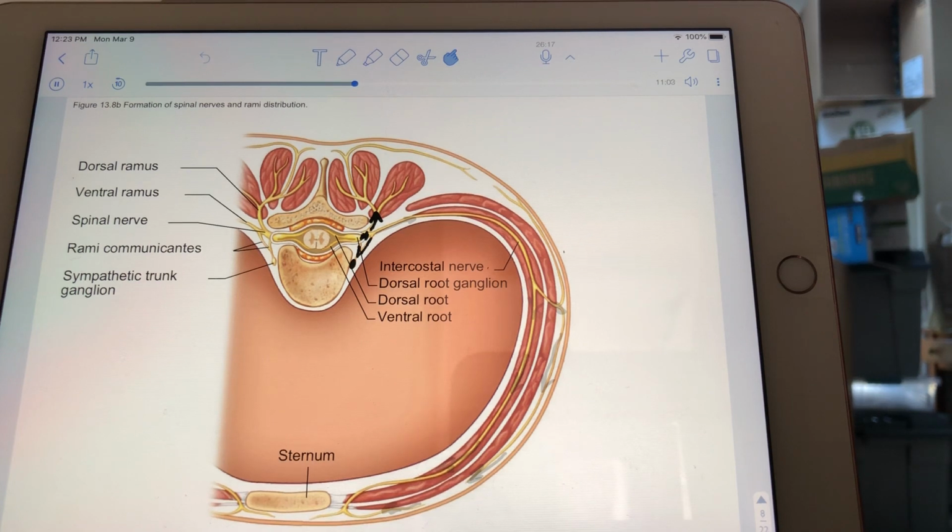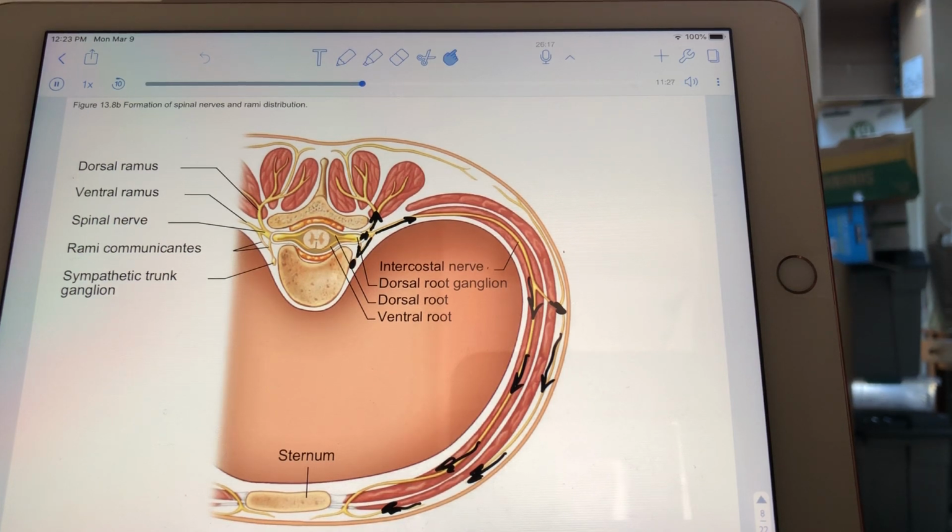Okay, but what the real take-home message is from this image is that the dorsal ramus is far shorter, far less extensive than the ventral ramus. All of this is ventral ramus, ventral ramus, ventral ramus. Okay, and that's primarily because the thoracic and abdominal cavities are in the way.